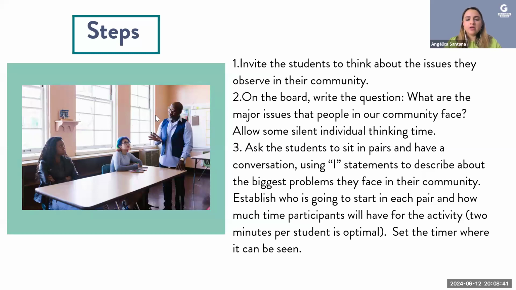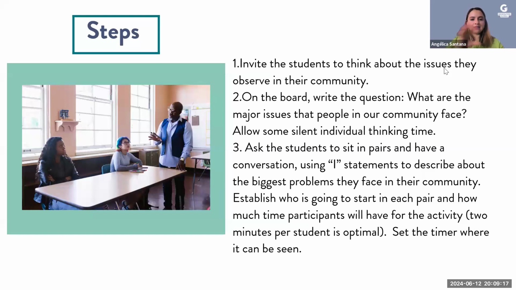All right. You can do this activity as a pair activity. Ask the students to select another classmate. They are going to practice using I statements and will start to describe the biggest problems that they see in their community. You can instruct the students: you will have 2 minutes each to share with the other classmate the biggest problems you see in your community.